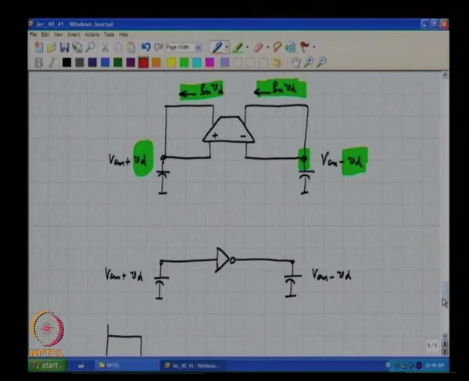Yes? I need another inverter which senses the other node. All right.